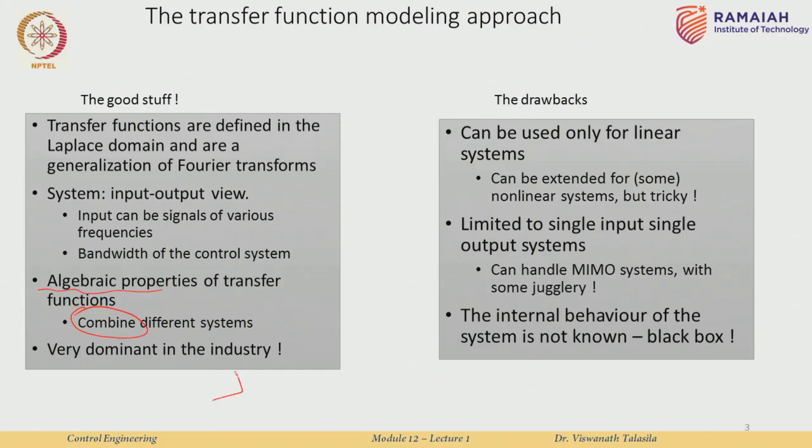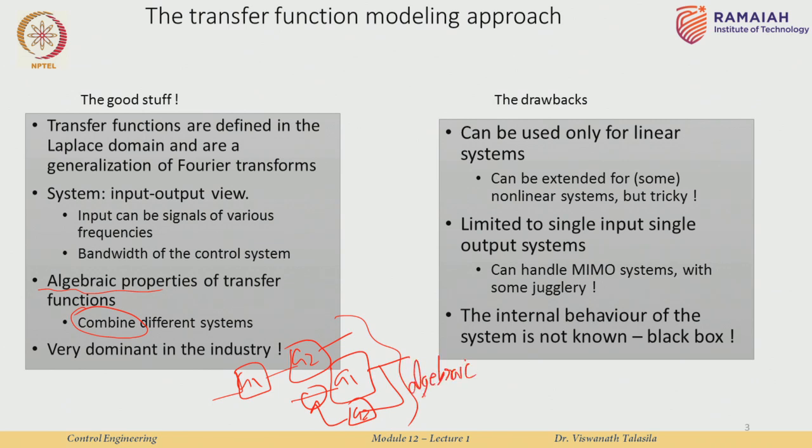We have seen that you can take two transfer functions in series and combine them by their product, or I can take a transfer function and do a feedback with another transfer function, and so on. I am able to combine these different blocks primarily because of their algebraic nature.